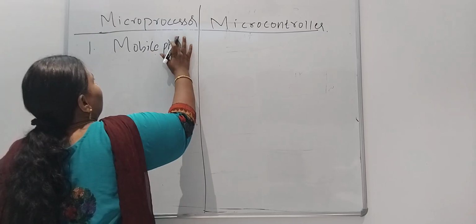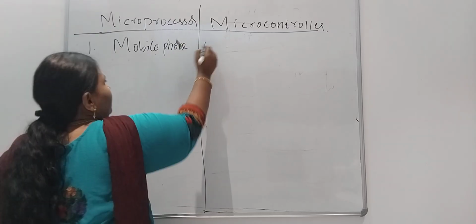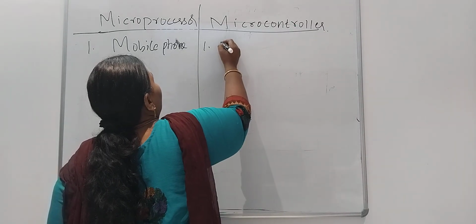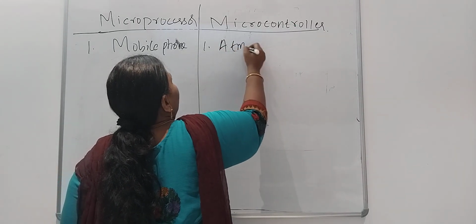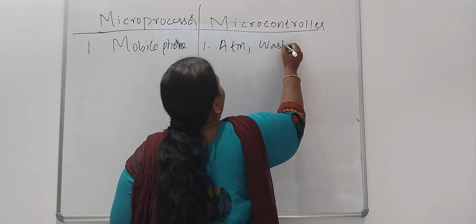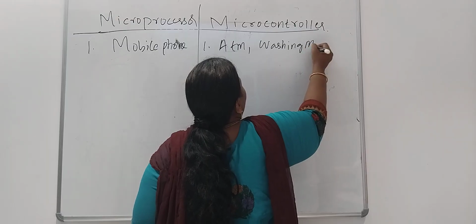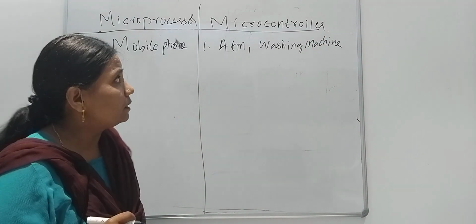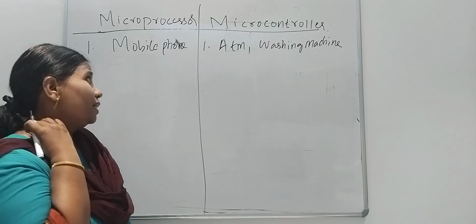Examples of microcontrollers are your ATM machine and washing machine. All these gadgets make use of only a single task, where a microcontroller is used.